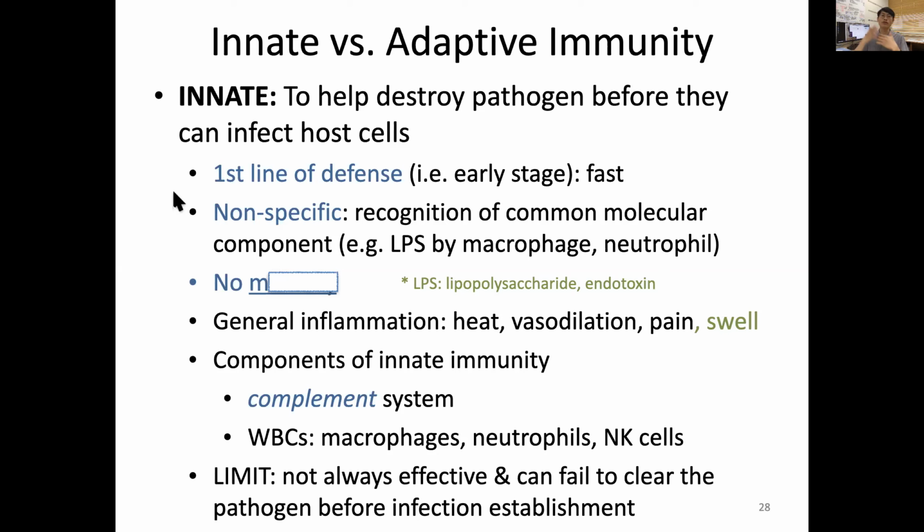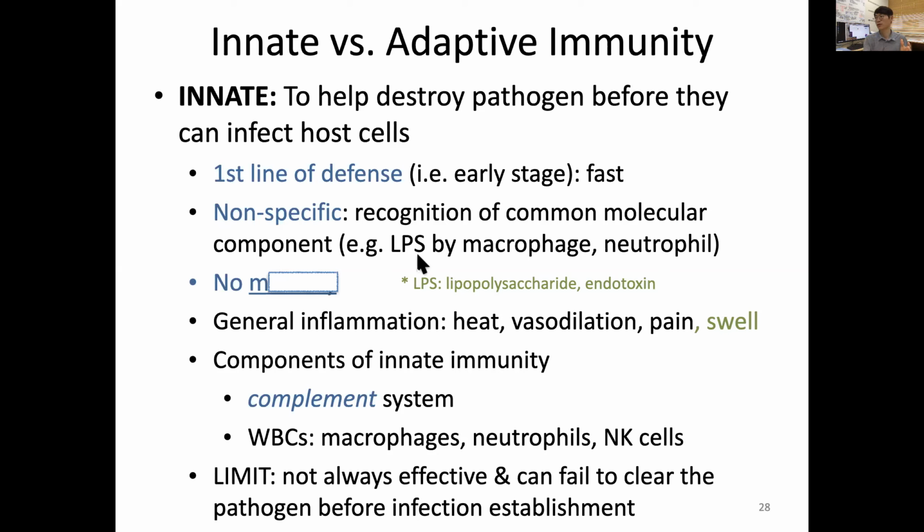That means a very early stage, so our body's immune response should be fast. At the same time, this is non-specific, meaning that we only recognize very common molecular components, mainly expressed by, let's say, bacteria.